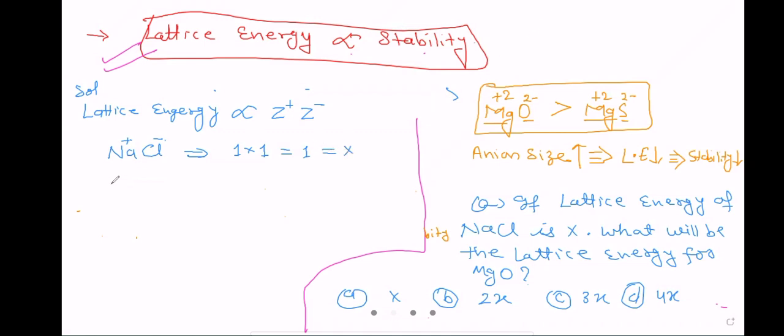For MgO, Mg carries 2 positive charge and oxygen carries 2 negative charge, so 2 into 2 equals 4. If 1 is equal to X, then 4 means 4X. So the lattice energy for this is 4X.